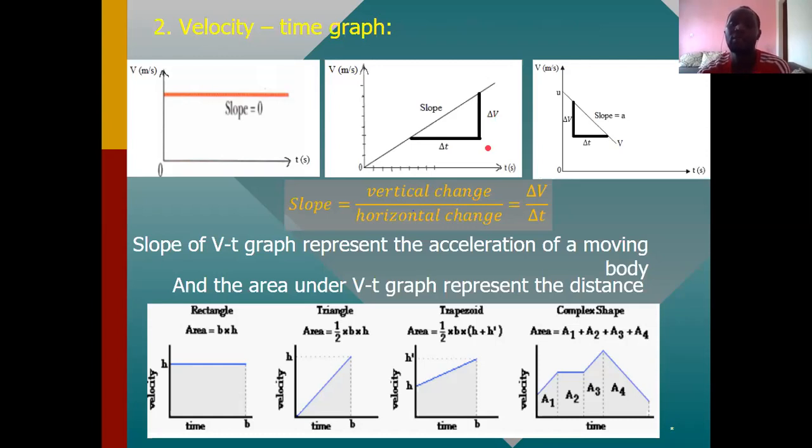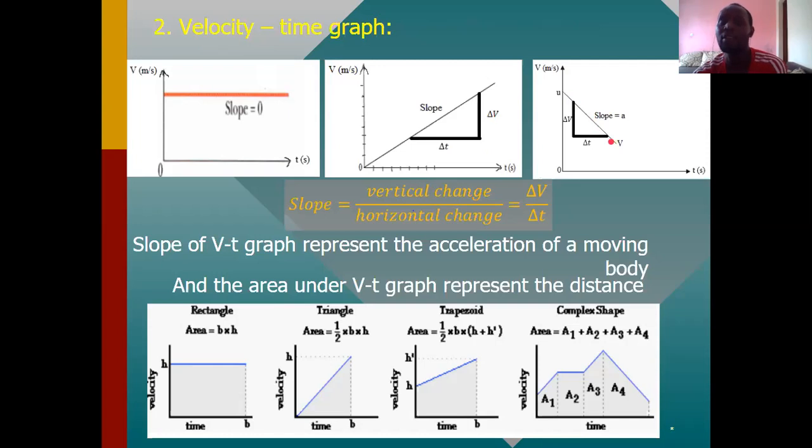For the last one, we have also the slope, but which is downward oriented. This means that the velocity changes, but it is decreasing, not increasing. Decreasing means we have decelerated motion.